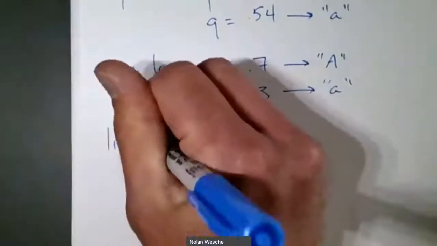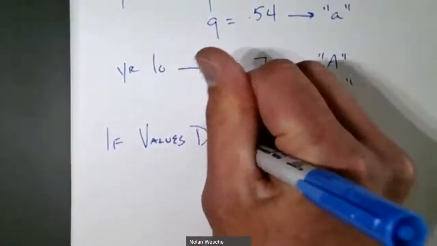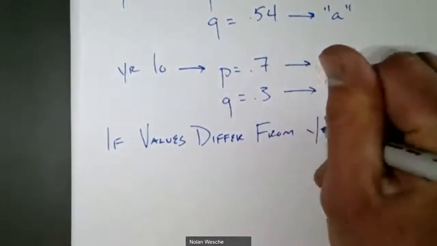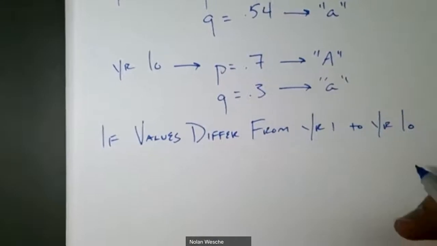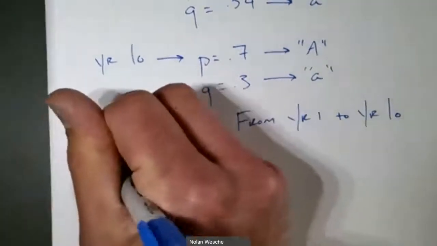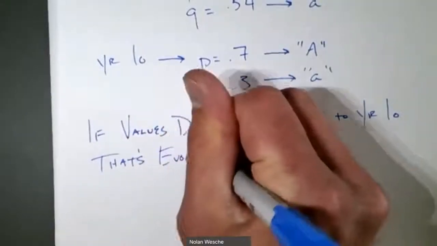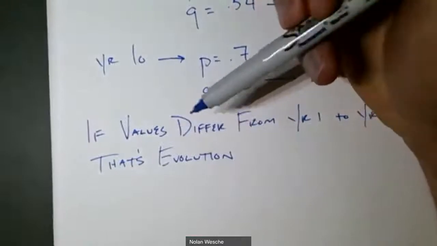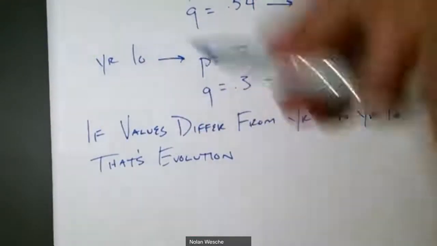So if your values differ from year 1 to year 10, or whatever time interval you're looking at, that's evolution, and that's measured evolution. Now, what could cause this? Well, it's everything that we've discussed: natural selection, genetic drift, gene flow, mutation, sexual selection.